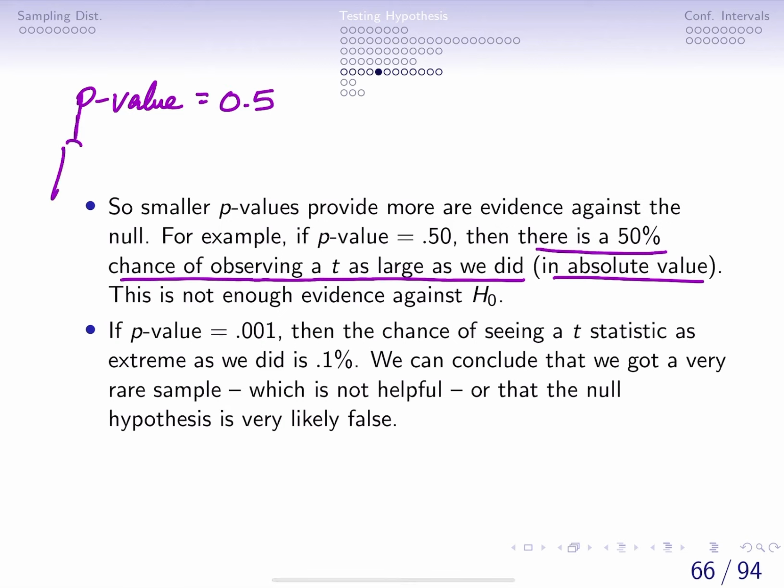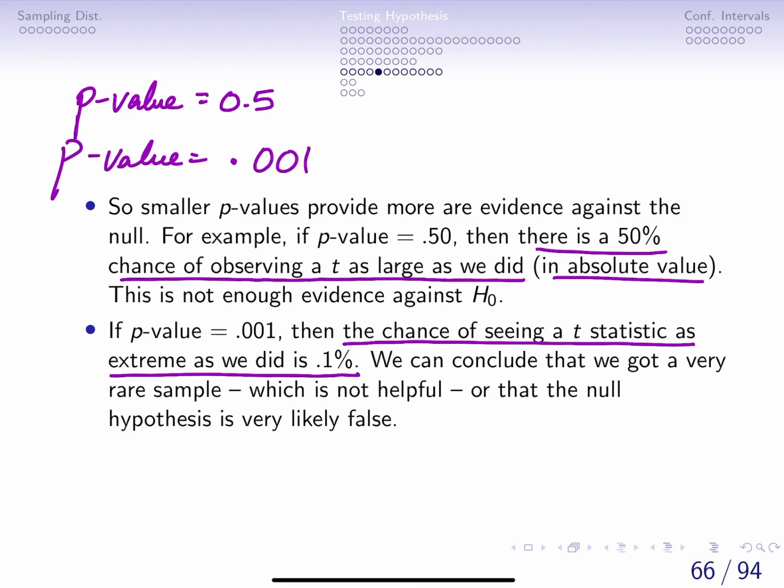If the p-value is 0.001, then the chance of seeing a t-statistic as extreme as we did is 0.1%, okay? Here we can conclude that we got a very rare sample, or the null hypothesis is very likely false in such a case.